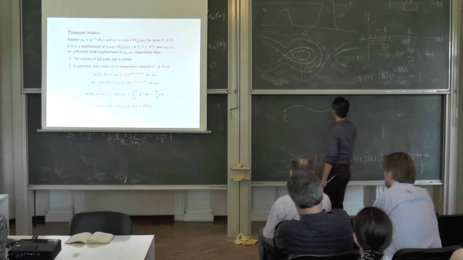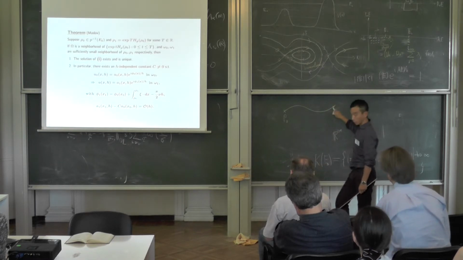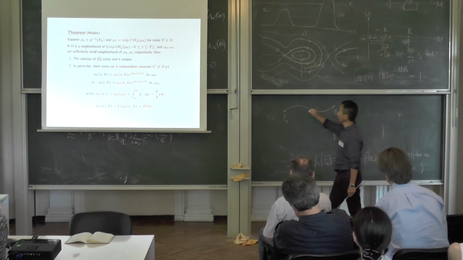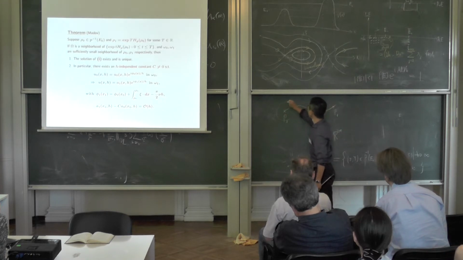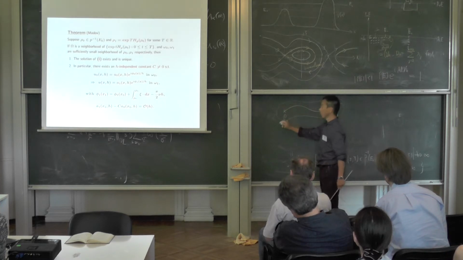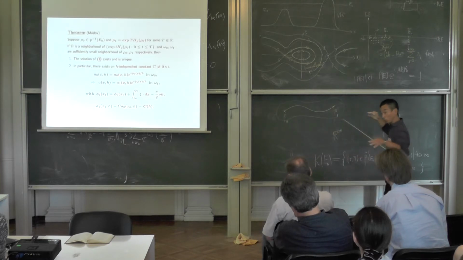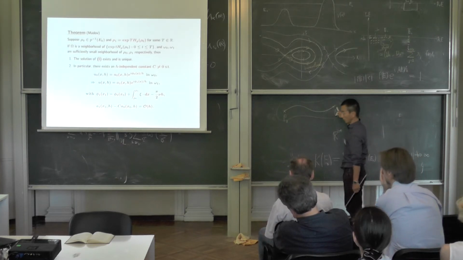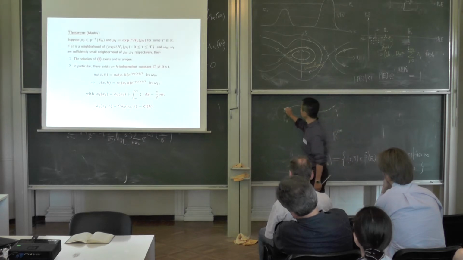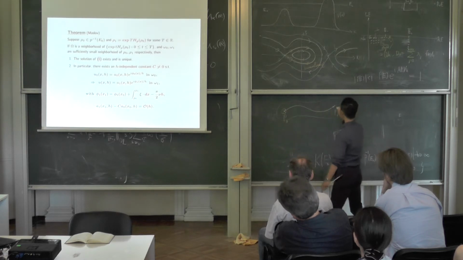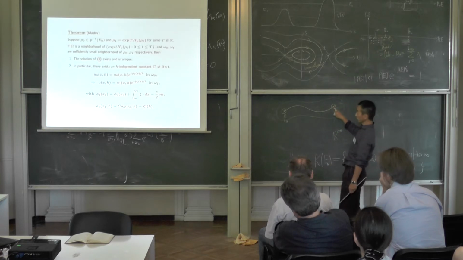You take another point rho 1 on the Hamilton flow. And as capital omega, I take a neighborhood of the whole flow, and as omega 0, I take a small neighborhood of rho 0, and omega 1, a small neighborhood of rho 1.